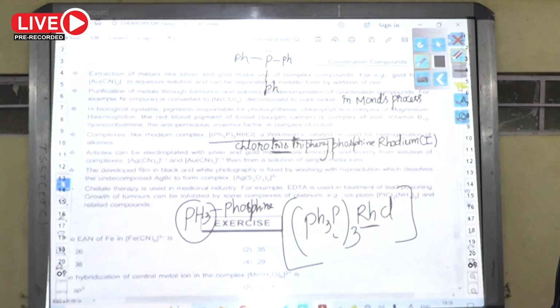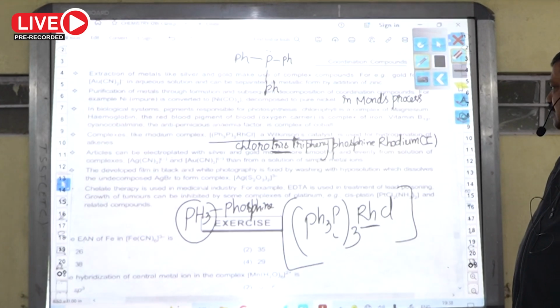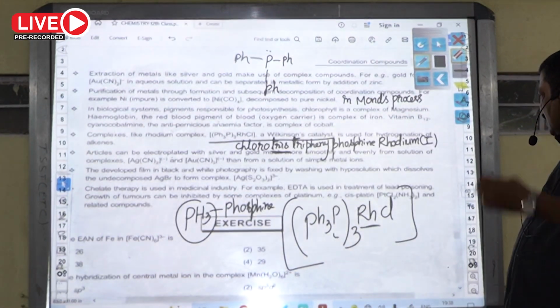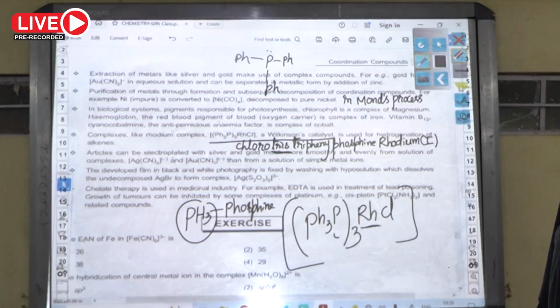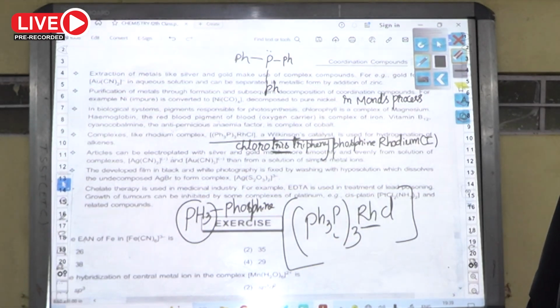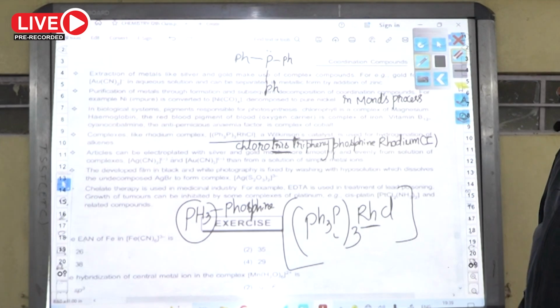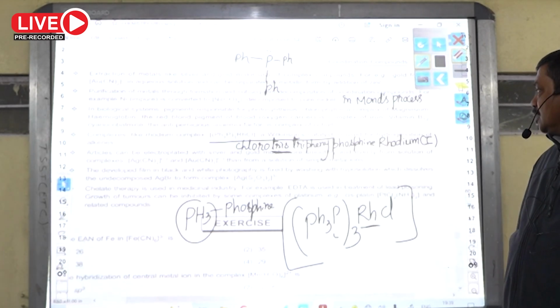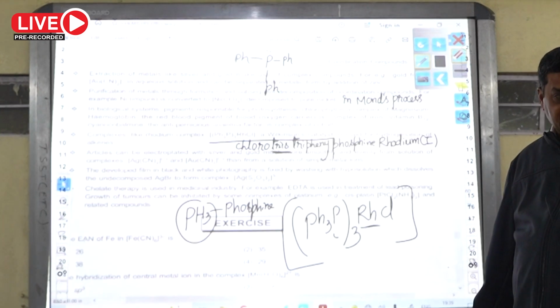Next, in the development of photography, I think I already discussed it. Anyhow, hypo is used as a fixing agent in photography due to the formation of a soluble complex.